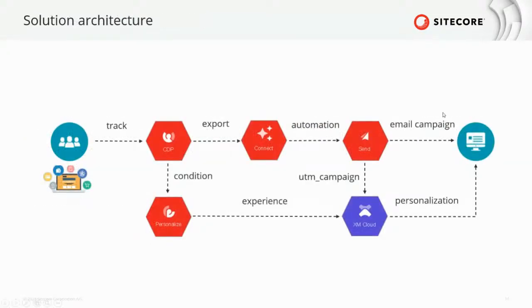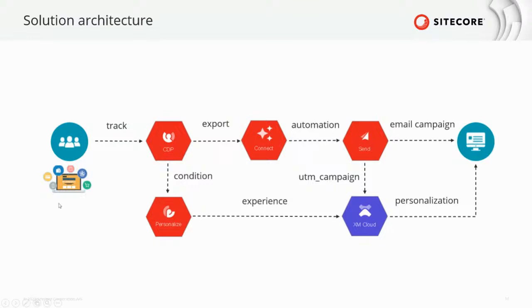So here you can see the solution architecture of my demo. We have an e-commerce website where we track our customers and their orders into Sitecore CDP. Then to identify customer churn, we will create a customer churn segment in Sitecore CDP.